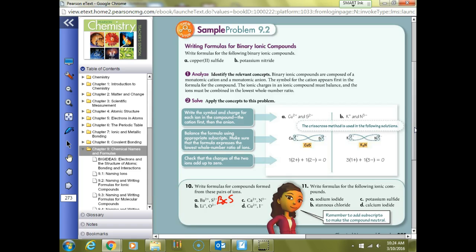McKenna? Li2O. Very good. And then C, calcium, which has a positive 2 charge, and nitrogen with a negative 3. Look at that one and raise your hand if you think you've got it.